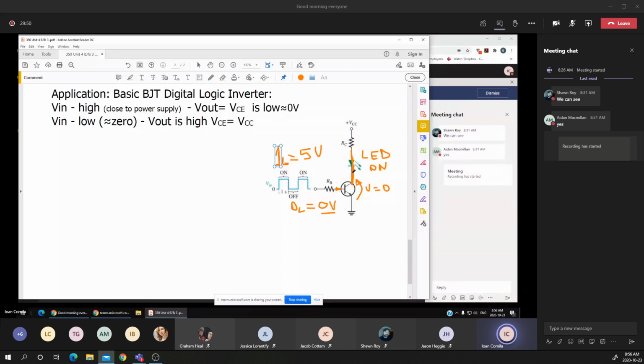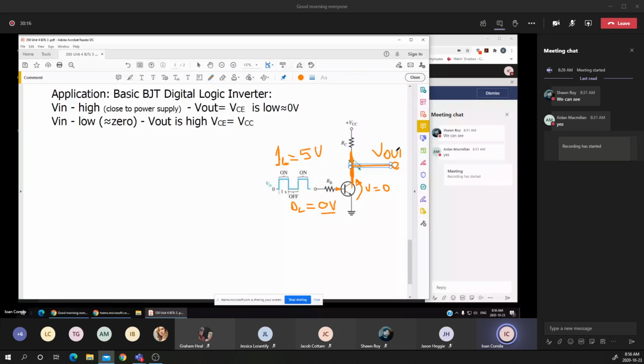Suppose that I'm removing the LED, and now let's try to clean up a little bit. I'm adding the output of this circuit, the V out of the circuit.